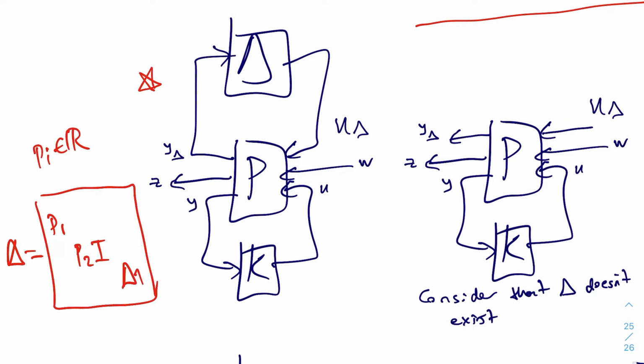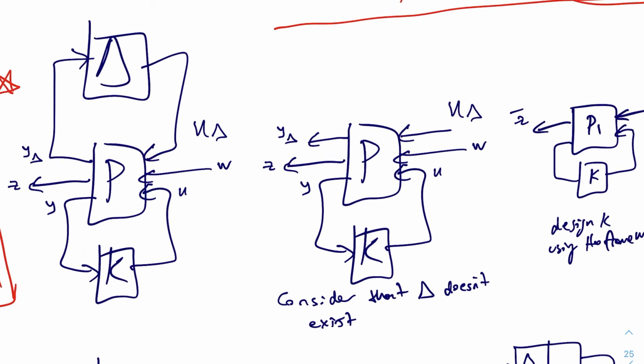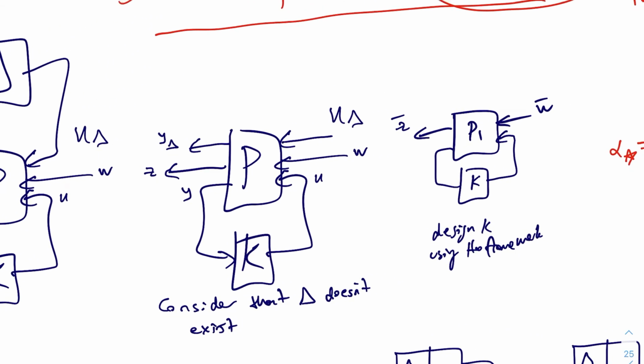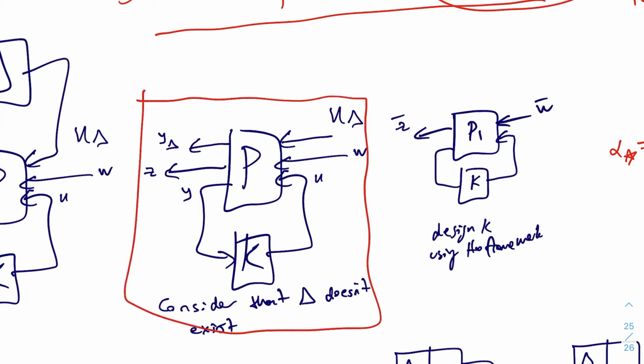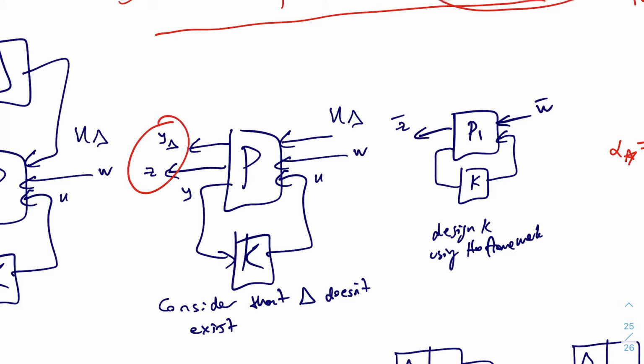In the first step, as in the DK iteration, you will just ignore perturbation, right? Just look at this part. You would ignore perturbation, and you would state the K part of DGK iteration, the K and DG part of it.